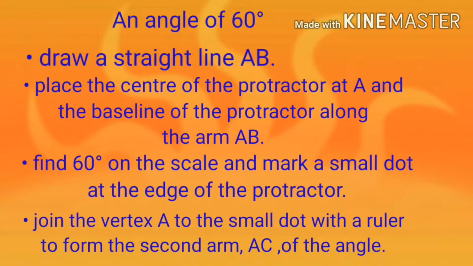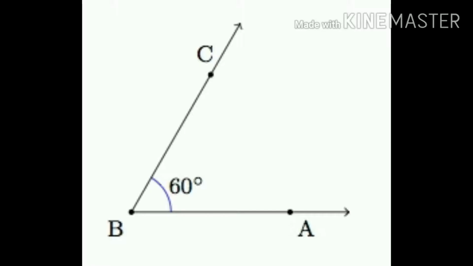Join the vertex A to the small dot with a ruler to form the second arm AC of the angle. The angle CAB or angle BAC we can see here is of 60 degree.